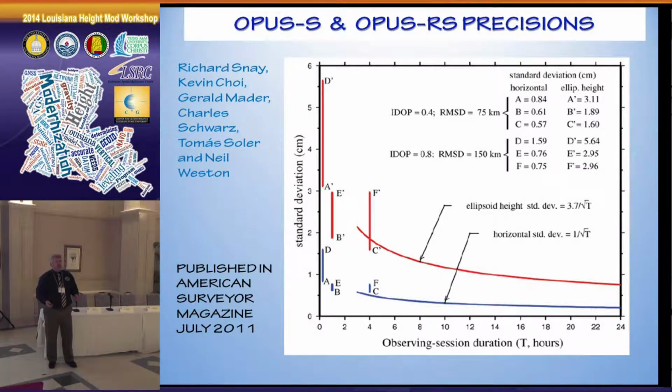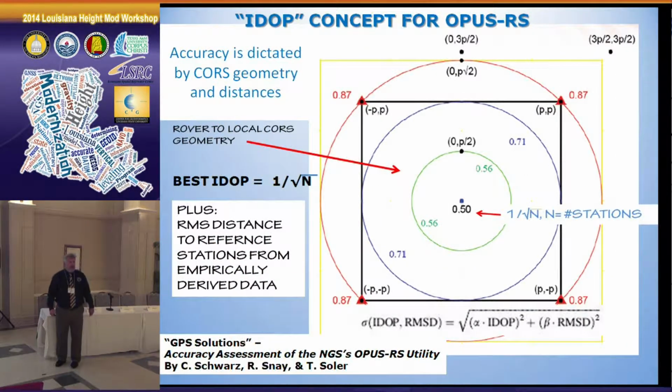So this is actually a tool for real-time networks as well. So anyway, this value, A prime, is based on this particular IDOP value. And the IDOP value takes 2 things into account. It takes the RMS distance to the surrounding stations, in other words, how far away they are, and it also takes into account the geometrical position of where you are.